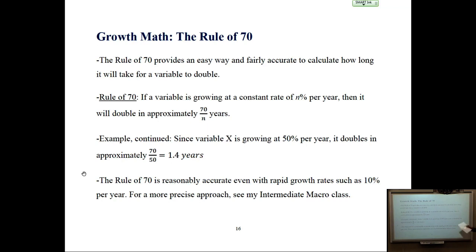So now let's go back and answer that previous question. If x grows at a rate of 50% per year, about when is it going to double? So you plug in 50 for n, and you get 70 divided by 50, which is 7 over 5. 7 over 5 is 14 over 10, so you get 1.4 years, approximately.